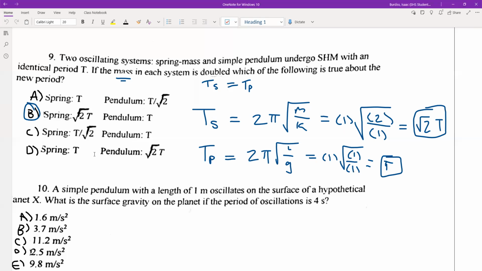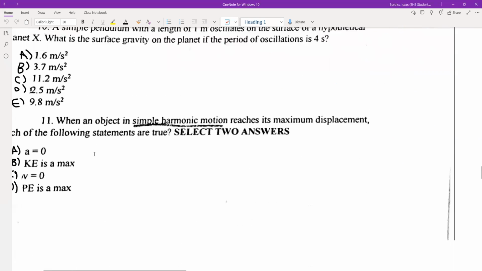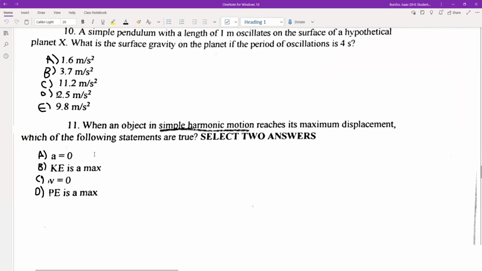Okay, now number 10. It tells us that the length of a pendulum, L, is 1 meter, on a hypothetical planet X, so that means that gravity is not going to be 10 like it usually is. What is the surface gravity if the period is 4 seconds?